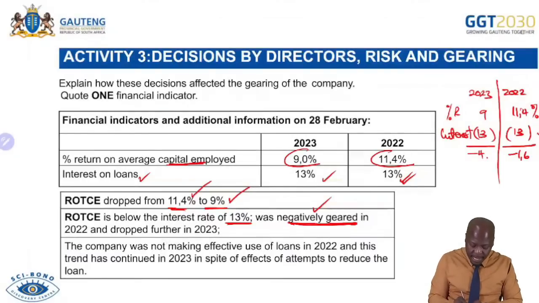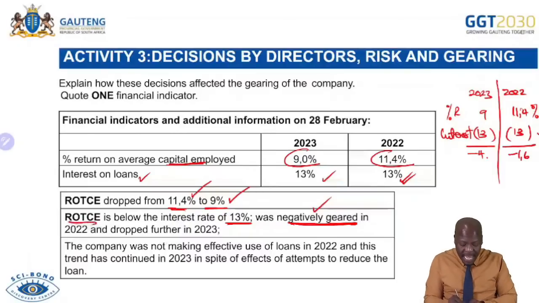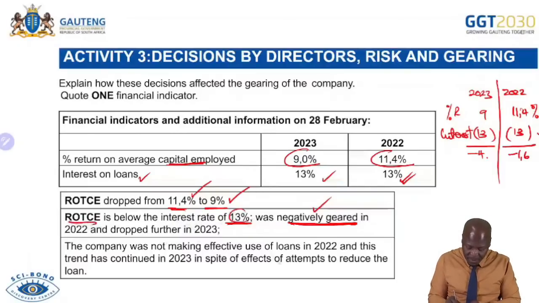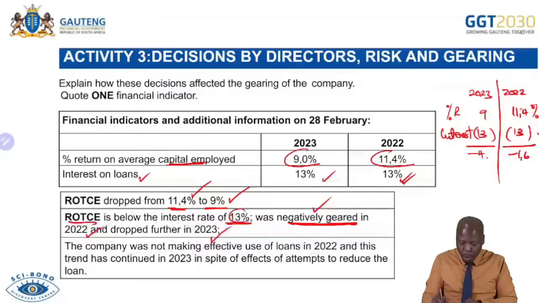So you will see that the return on total capital employed is below the interest rate of 13%. Therefore, we are negatively geared in 2022 and it has further dropped in 2023, as you see there. That is not a good position.